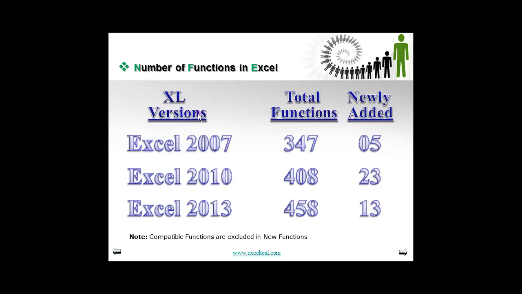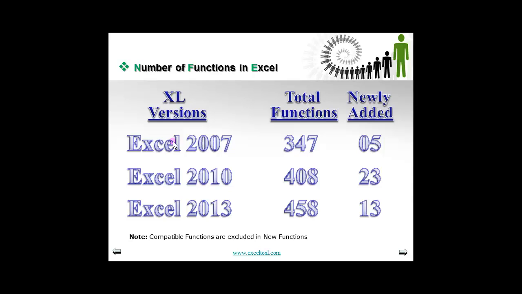See, in Excel versions we have Excel 2007, 2010, and then release 2013. In each version, we have 347 total functions available in Excel 2007. Moreover, 5 are added in this 347 when compared to the previous version, Excel 2003.